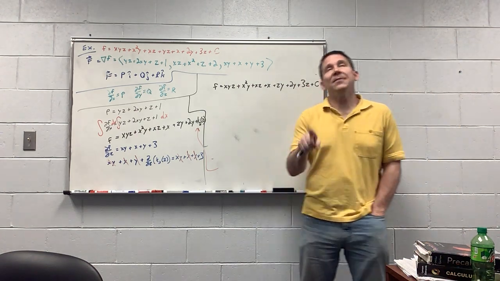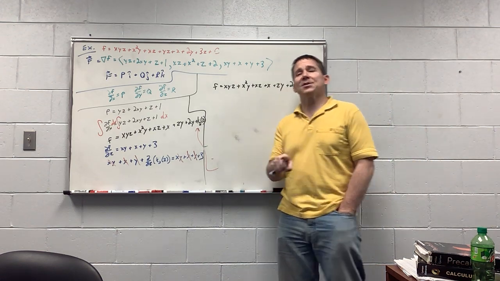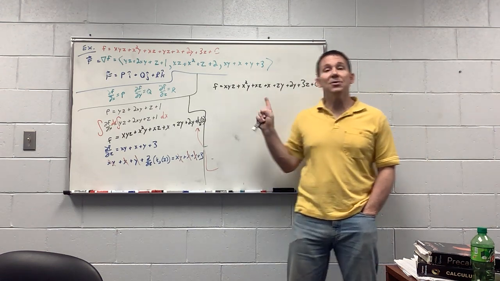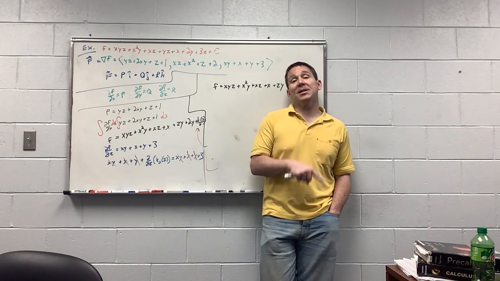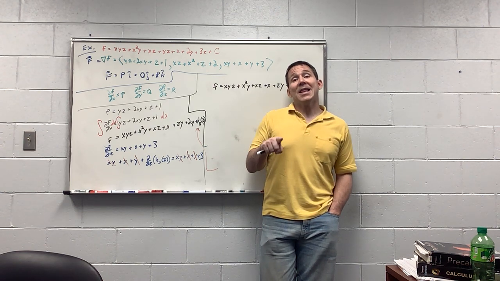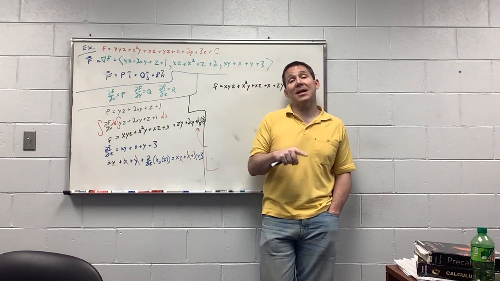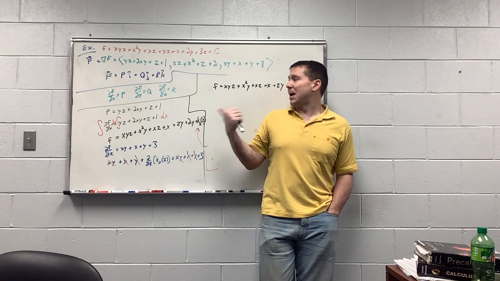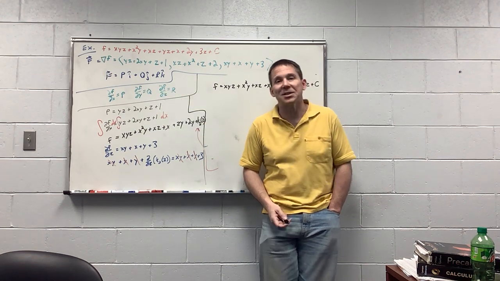Given a vector field, first determine if it's conservative by way of using those equations. Then, once you have algebraically shown that it's conservative, you want to try to find a potential function f that gives you that conservative vector field by way of solving this system of partial differential equations.